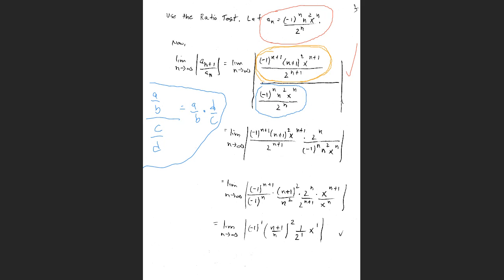And so that's what I'm doing here. This here, 2 to the nth power over negative 1 to the nth power times n squared times x to the nth power, that's the reciprocal of the denominator.